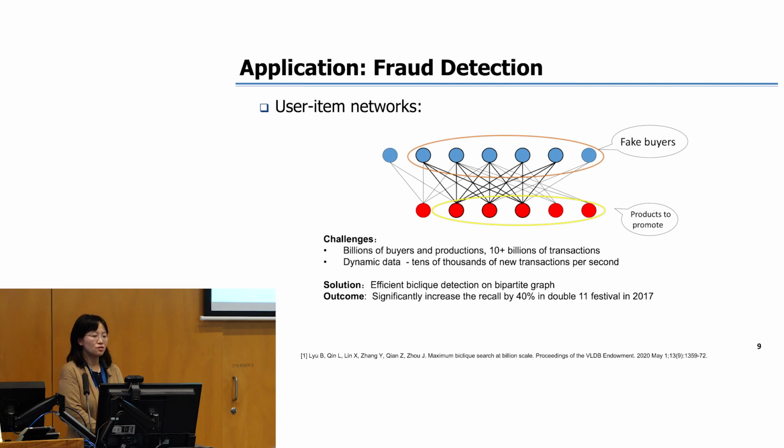The solution led to nearly 40% improvement in accuracy and several orders of magnitude improvement in efficiency. This is where the paper was published. It's a joint work between UNSW, UTS, and the Alibaba Group. It received the Best Paper Runner-Up Award from VLDB in 2020.